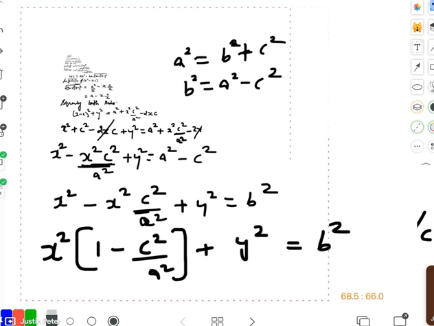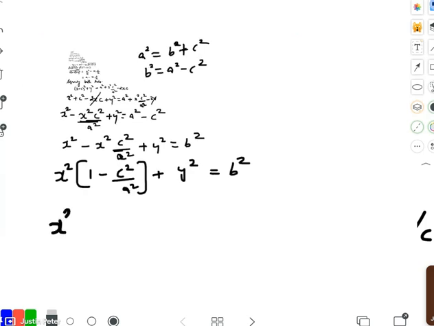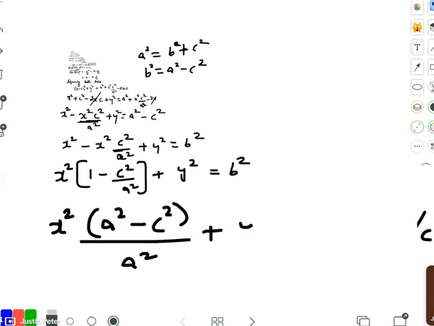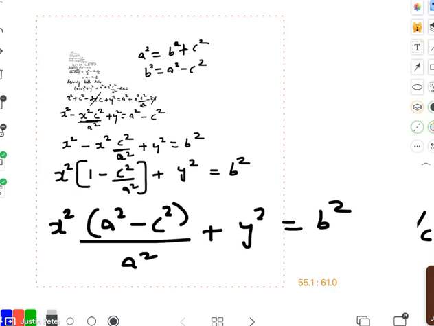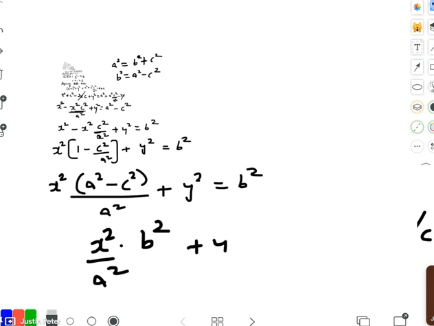Now if you take x square common out, you get x square into (a square minus c square) divided by a square plus y square equals b square. But what is a square minus c square? We replace it with b square. So x square times b square divided by a square plus y square equals b square.